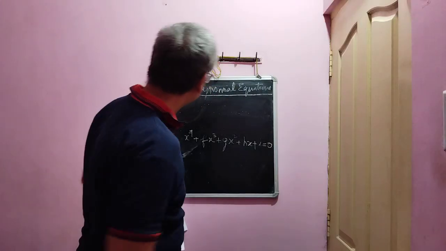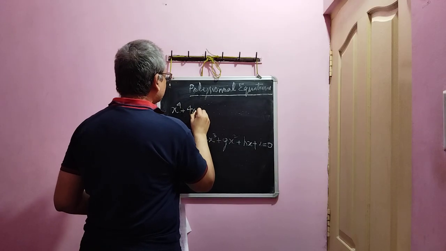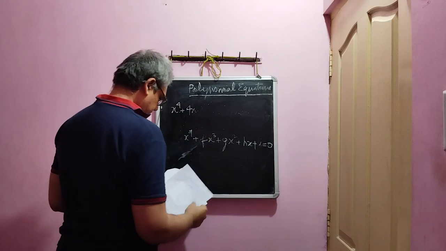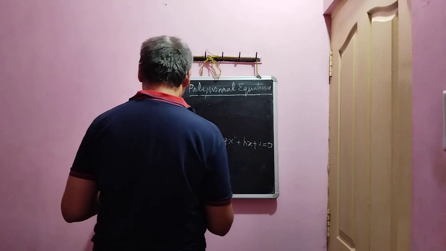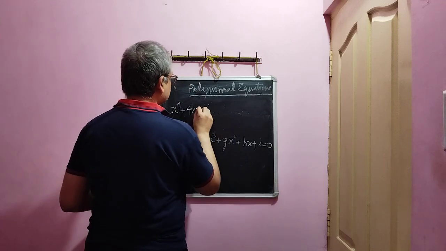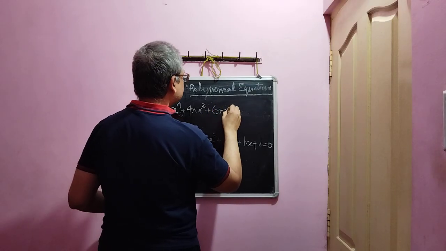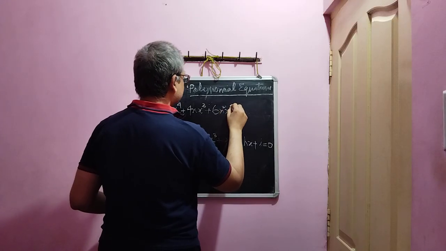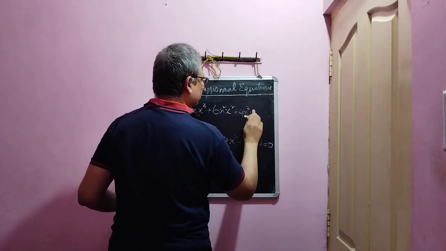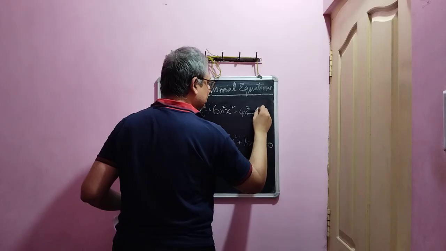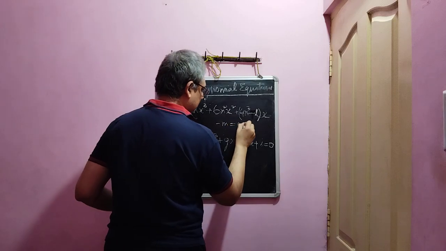I have made a mistake there. x power 4 plus 4n x cube plus 6n square x square plus 4n cube minus L times x minus m equal to 0.